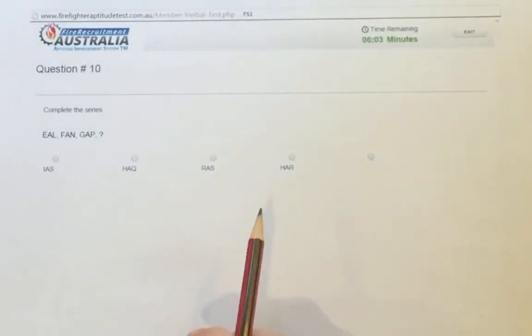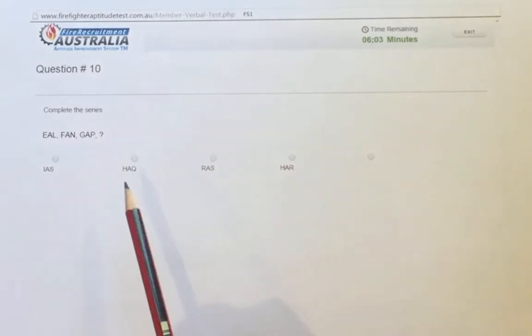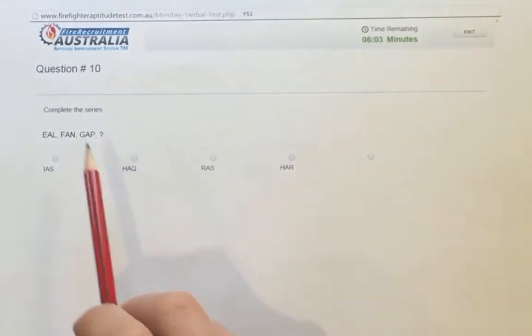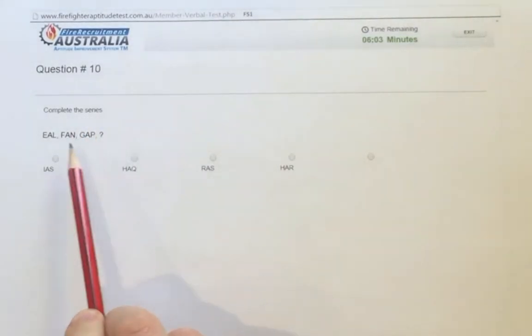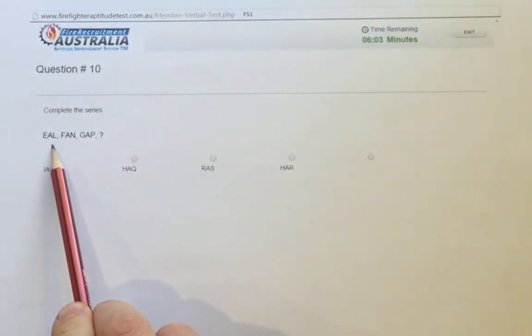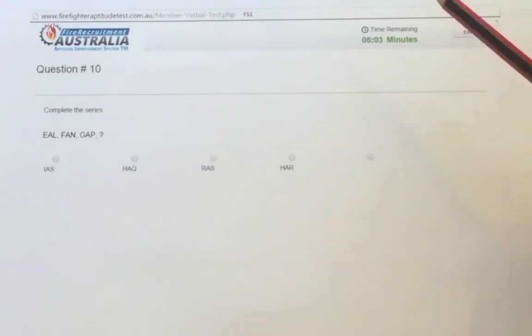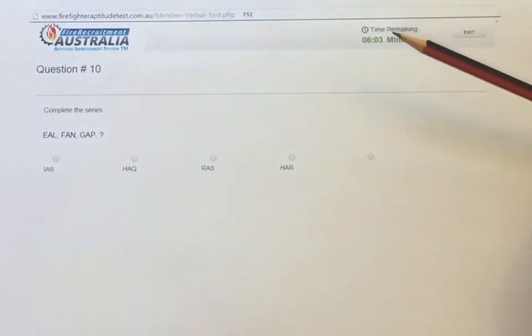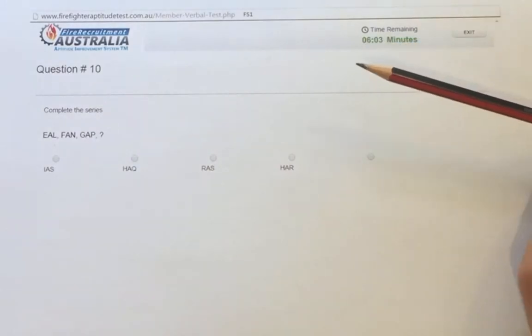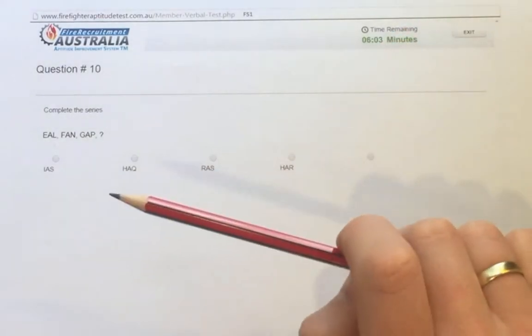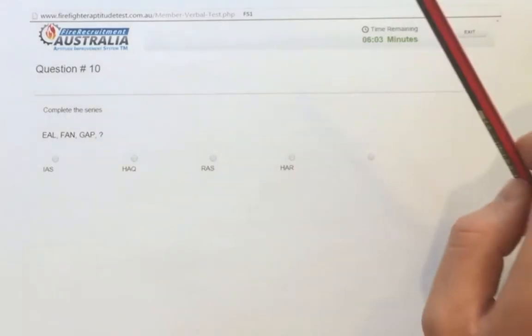Move on to question 10. This one's a little bit more tricky. Complete the series. So we've got EAL, FAN, and GAP. The way to approach a question like this is to look for similarities or anything that goes in a sequence that you might already know.